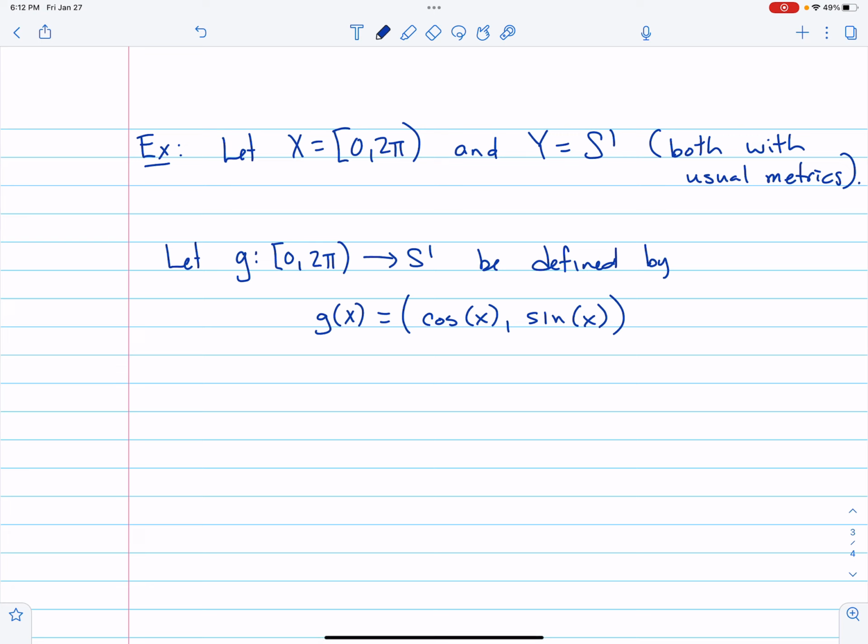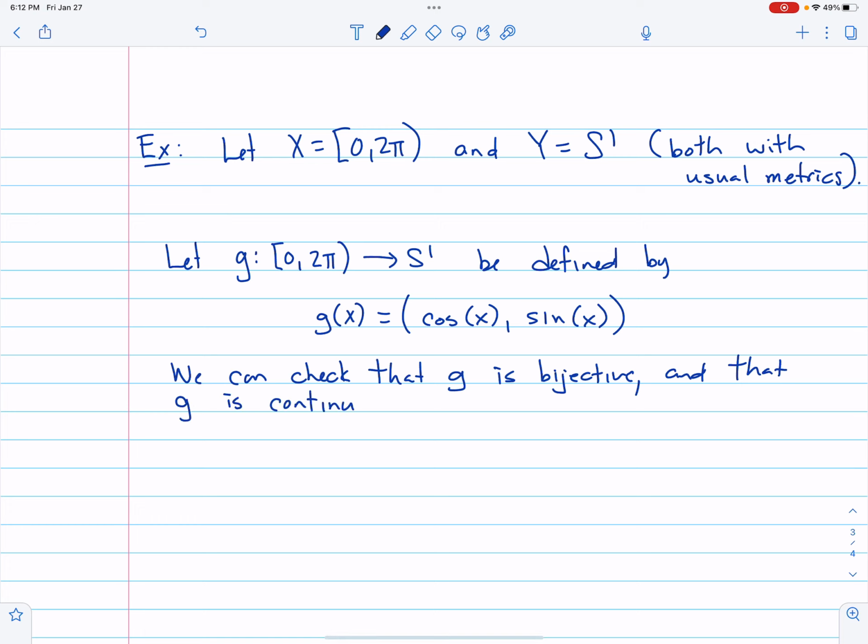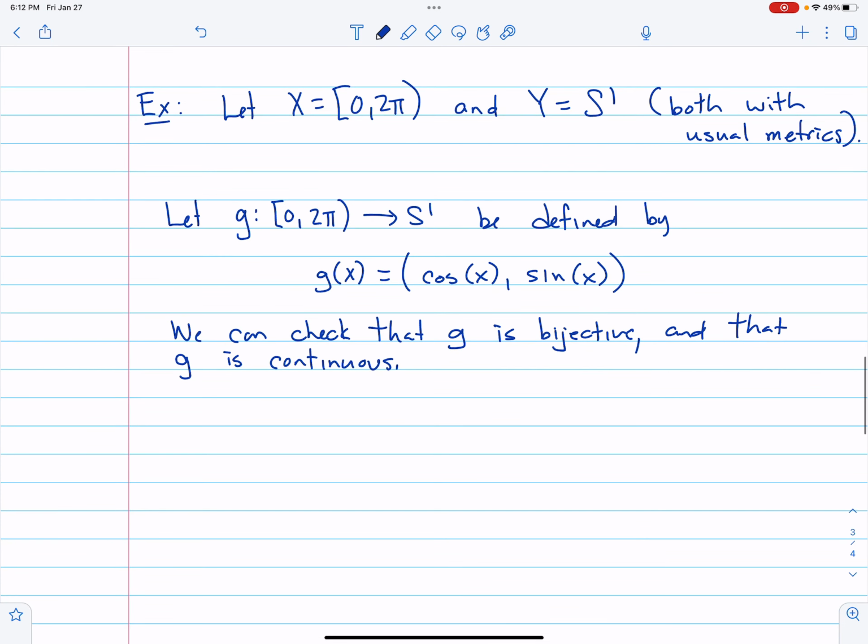You can check that g is bijective and that g is continuous. Okay? So g, this function we've defined here, is bijective and it's continuous.